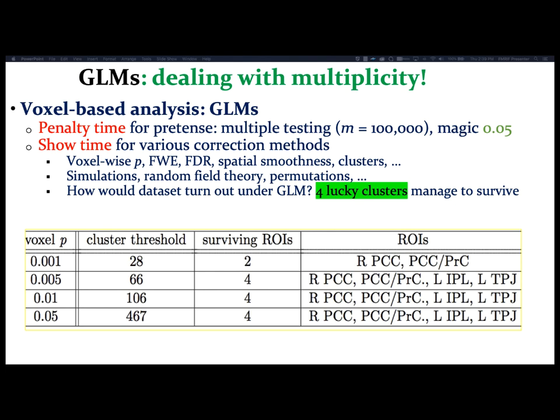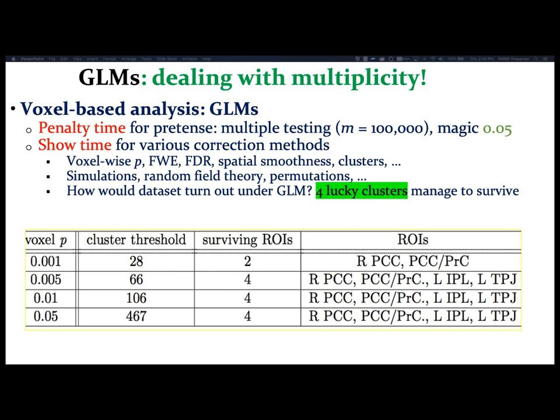That's because a couple of years ago a paper showed that you need to be stringent at the voxel p-value to get more reliable corrected cluster p-values. If we adopt that criterion in this data set, only two regions, two clusters, managed to survive. If you loosen the criteria, most of you probably would not agree, but you may get 4 clusters. But that's as much as you can do with this data set.